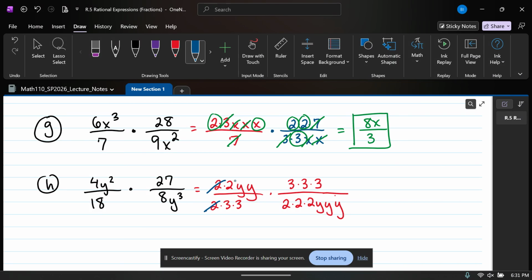Diagonally, I've got a 2 and a 2, a 3 and a 3, another set of 3s, and then how many y's? 2 on top, 1, 2 on the bottom. 3 over 4, and there's a y still down there too, a y down there with the 4. Yeah, that's the right simplification.